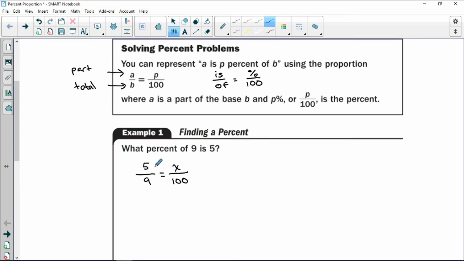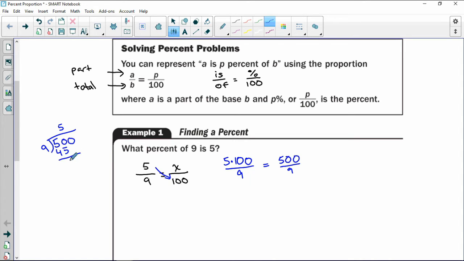So what percent of 9 is 5? I'm going to use a cross product. I'm going to multiply 5 times 100, and then I'm going to divide by 9. So I'm going to do 500 divided by 9, which I'm always going to do long division, just as a reminder. 9 goes into 50. Well, 9 doesn't go into 5. 9 goes into 50 5 times, because 5 times 9 is 45.